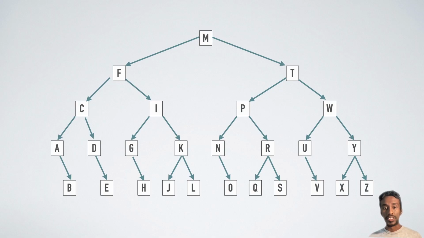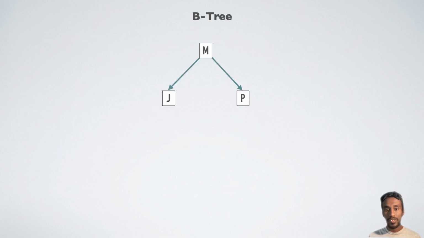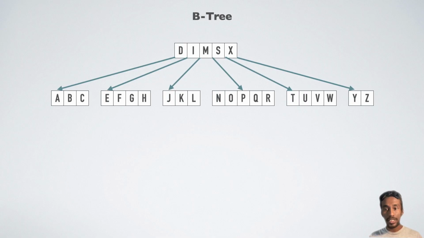It's a binary tree. There is a more general way of representing a binary tree, also known as a B-tree. Instead of having only one single element per node and two branches per node, we are leveling up to a B-tree where we can have multiple elements per node and multiple branches per node. Now let's take a look at what happens when we construct our dictionary as a B-tree.